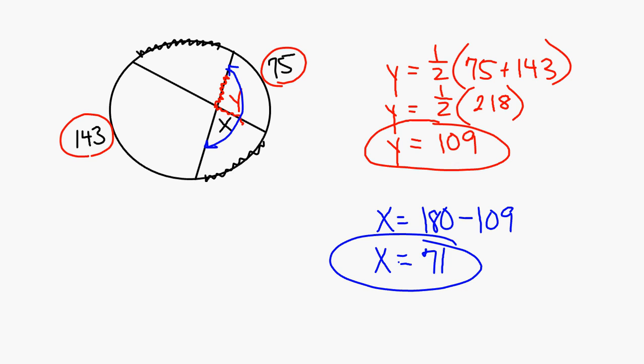Alright, let's look at example 1C. You've got this picture. You're given this 92 right here. That's an arc.